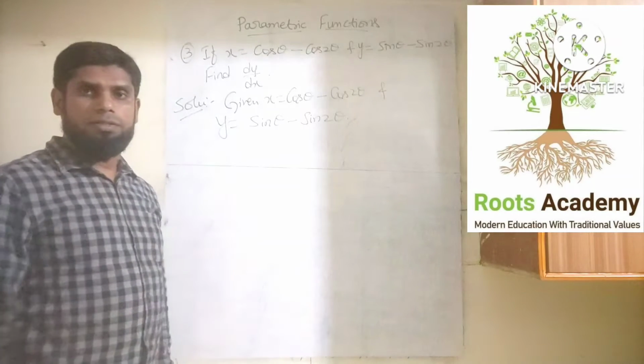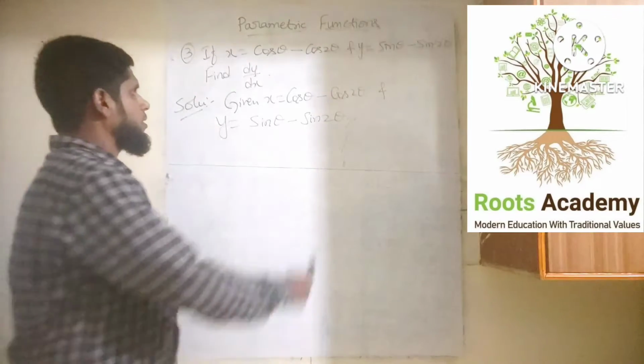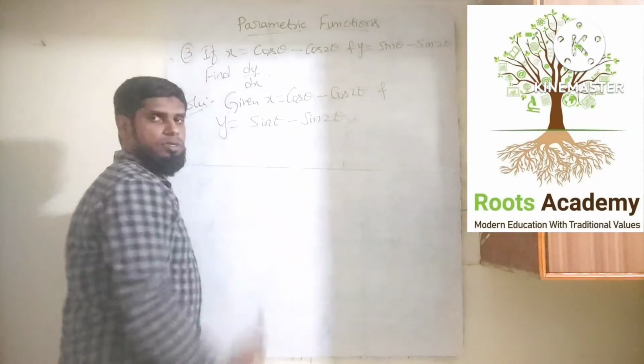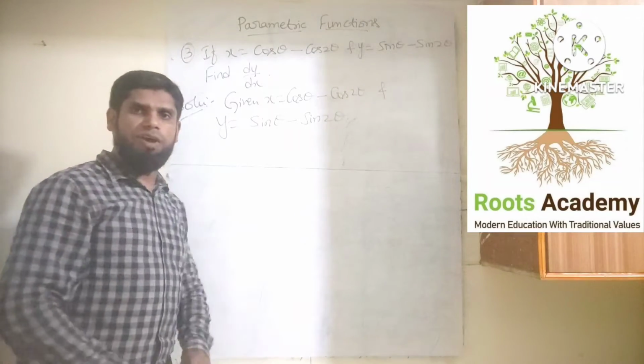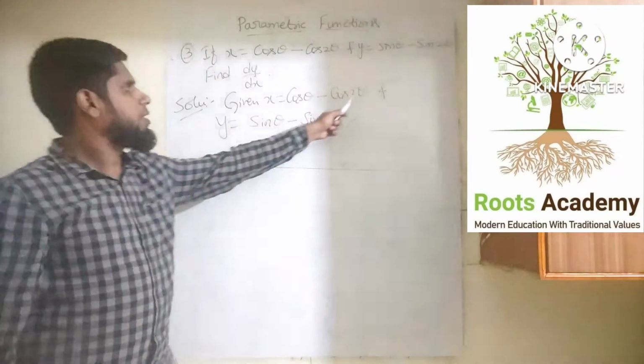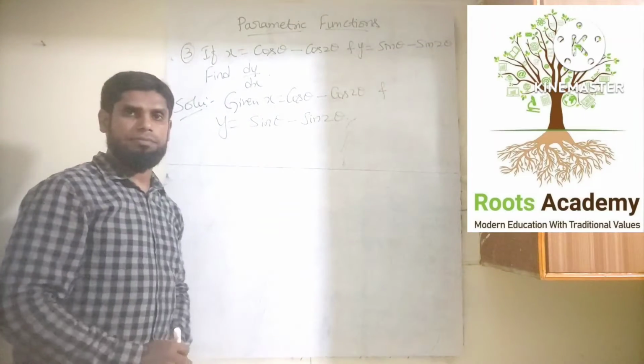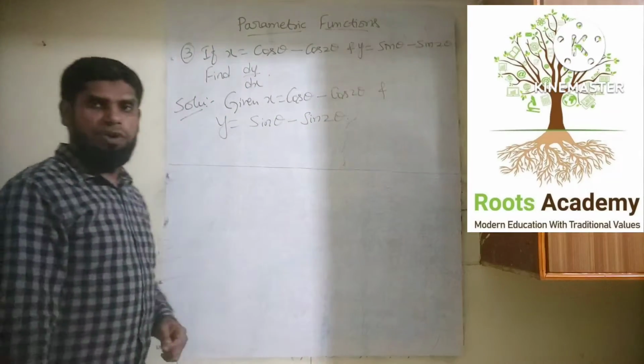So here the two functions depend on the parameter theta. So theta is a parameter here. So we should differentiate both the functions with respect to theta. So let us differentiate one by one.